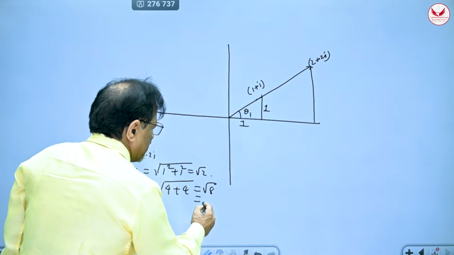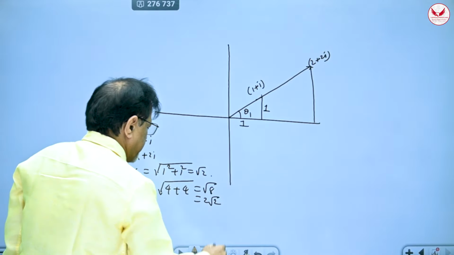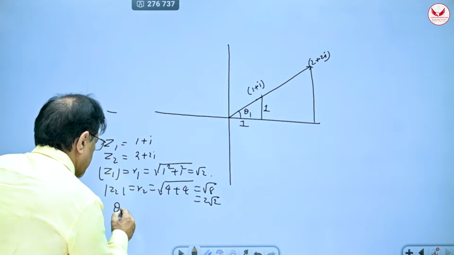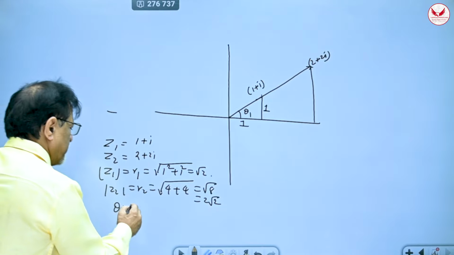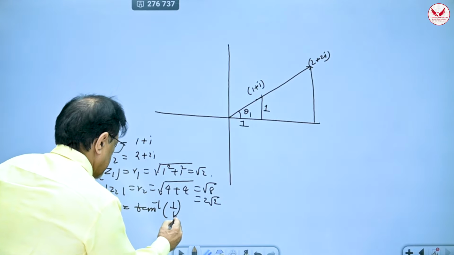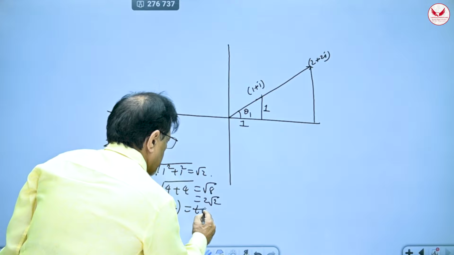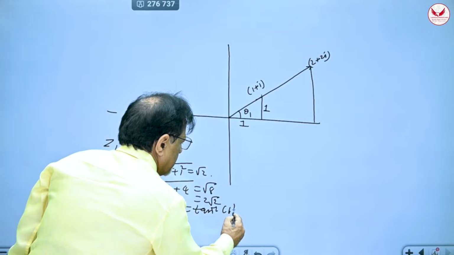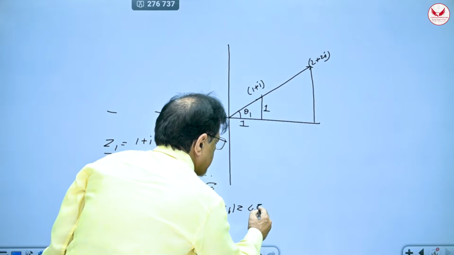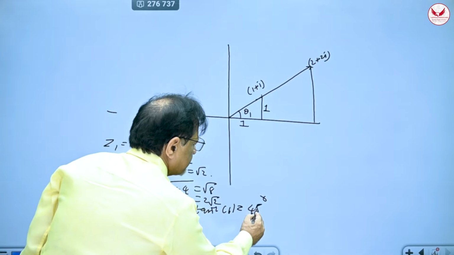This can be written as 2 root 2, okay? So this is R1. Now, theta 1 will be tan inverse of 1 upon 1, which means tan inverse of 1. And tan theta is 1 only when theta is what? 45 degrees.